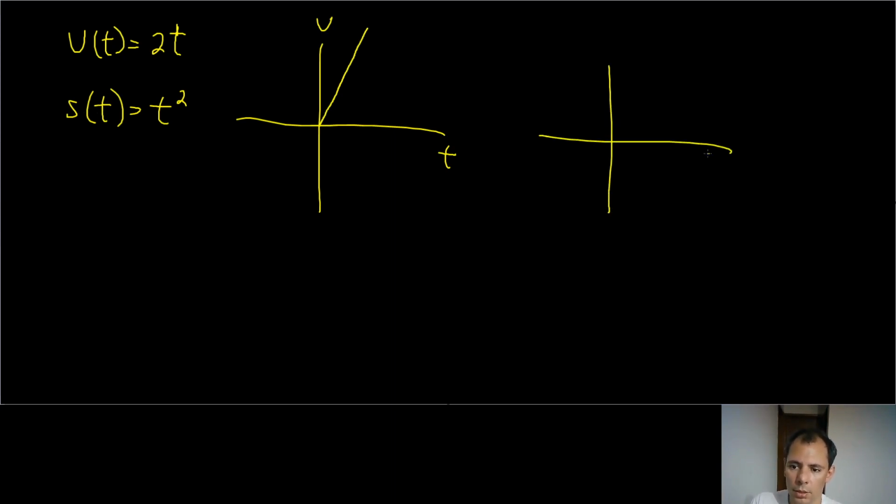So here's t, and here you have s as a function of t. It's a curve. You see that? Now which one is the derivative? This one is the derivative, this one's the integral.